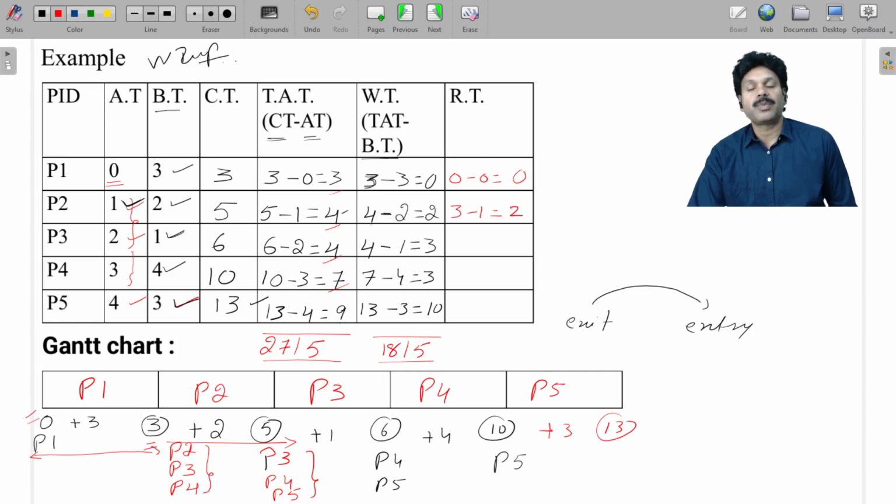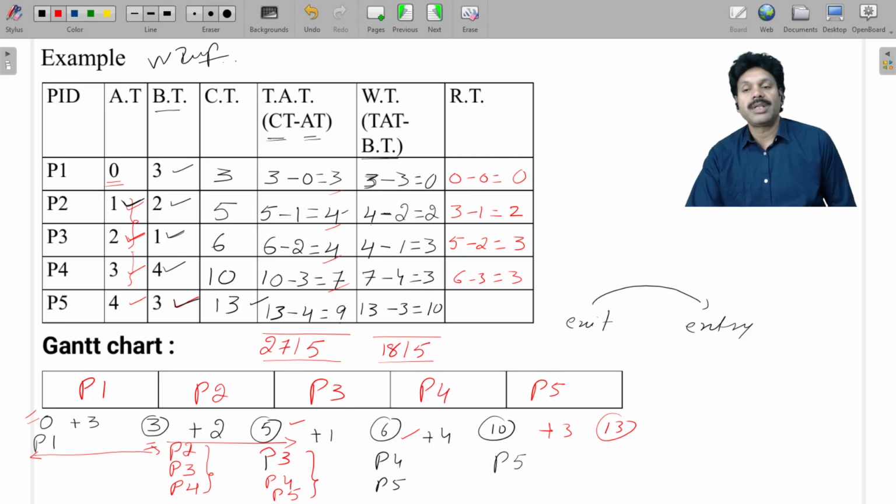Again, for process P3, P3 has come at 2, but P3 is taken over by the CPU at 5. So 5 minus 2, 3. Then P4 has arrived at 3, but P4 is handled by the CPU at 6. So 6 minus 3, 3 is your response time.